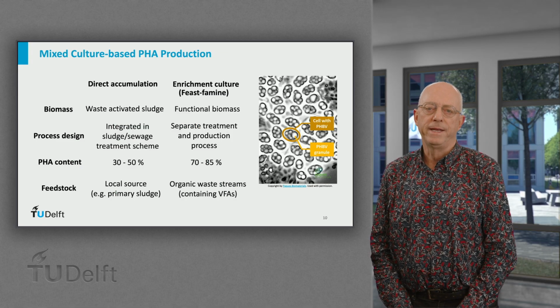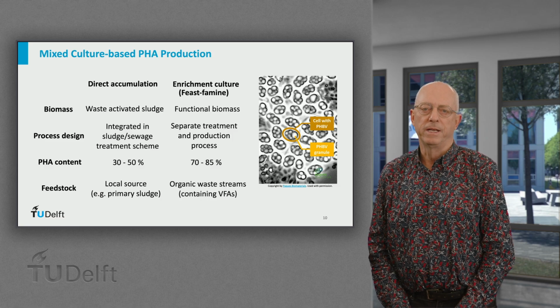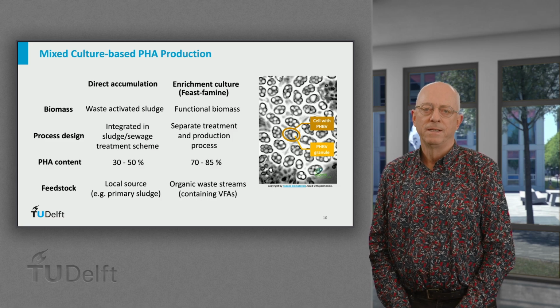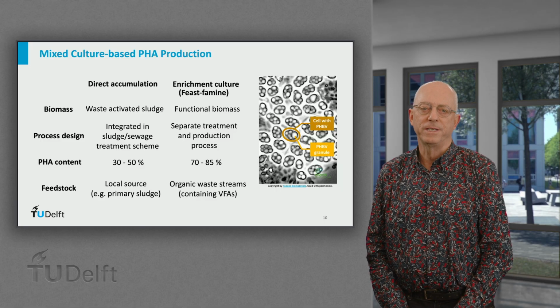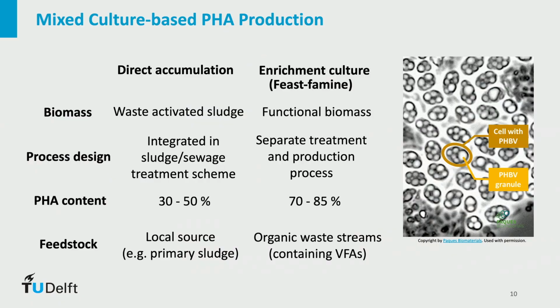Let's compare the two main approaches: direct accumulation in waste-activated sludge and enrichment cultivation for specialized PHA-producing organisms. In the direct accumulation approach, the process is integrated into the existing wastewater treatment system. The type of organisms and the PHA yield depend on the wastewater composition and treatment conditions. Typical PHA content reaches 30 to 50% of the biomass.